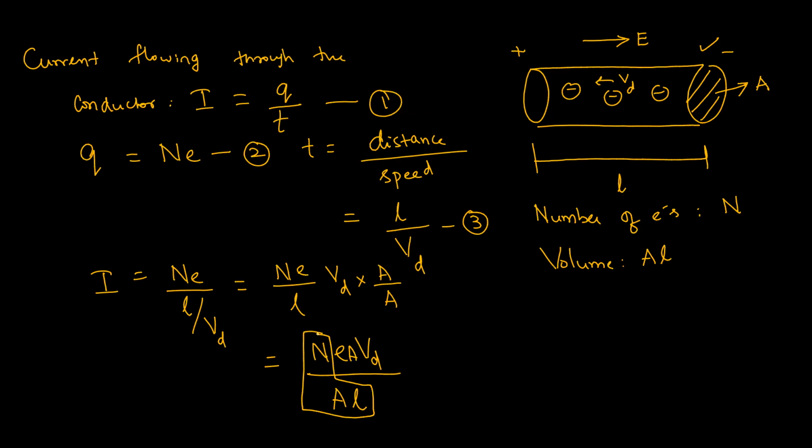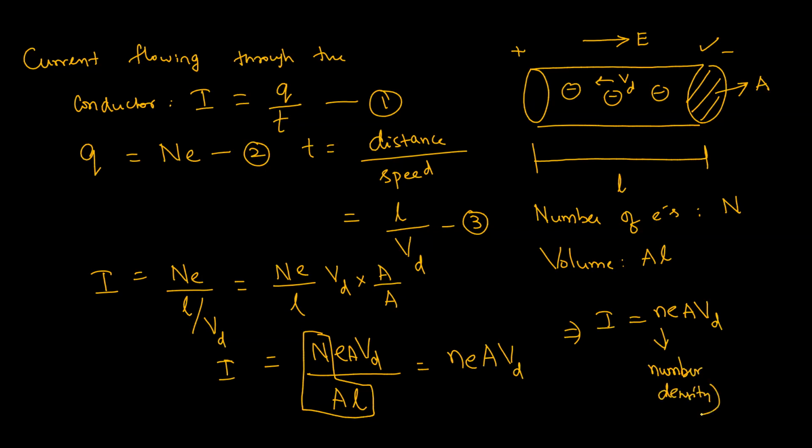So N divided by this is going to be small n into E into A into V D, and this is the expression for the current that is going through the conductor. So to put it simply, I is equal to small n into E into A into V D, where small n is called the number density, and this is going to be the required relation.